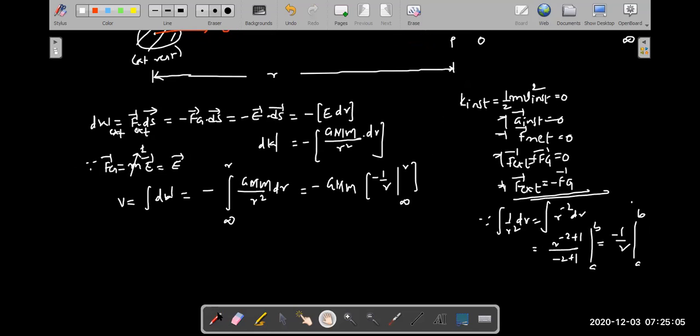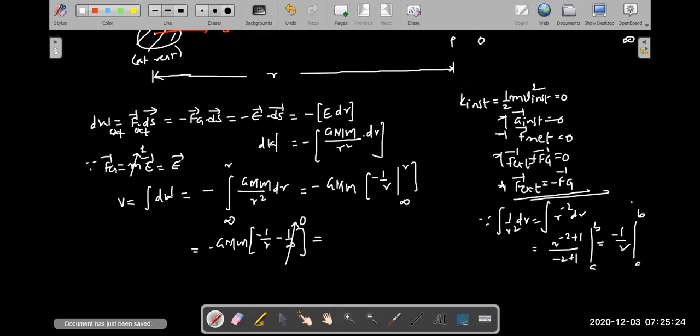Now substituting the limits, this will be minus G capital M small m by, minus 1 by r minus 1 by infinity. We know that 1 by infinity is 0. So here we have got this value as G capital M small m by r.